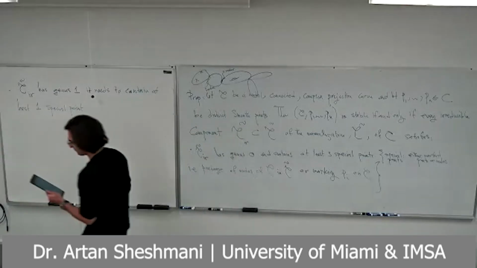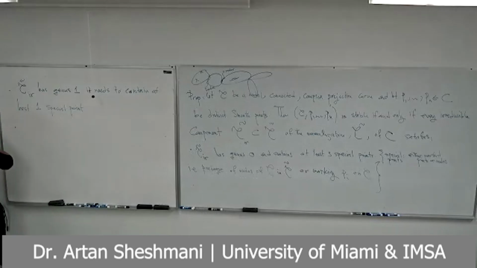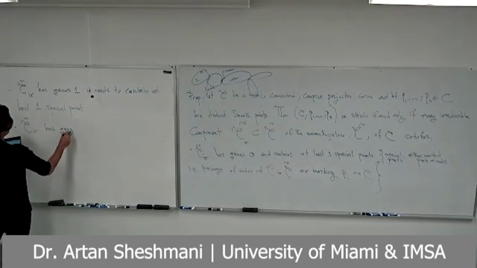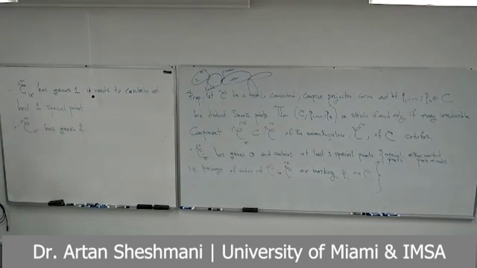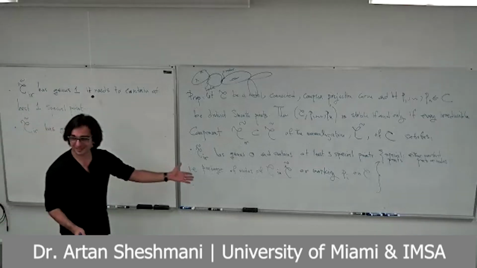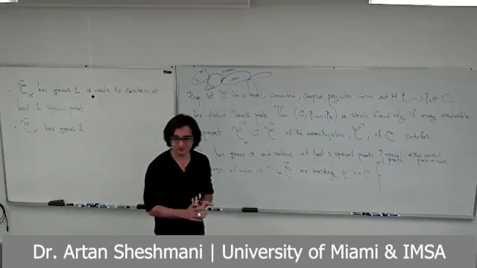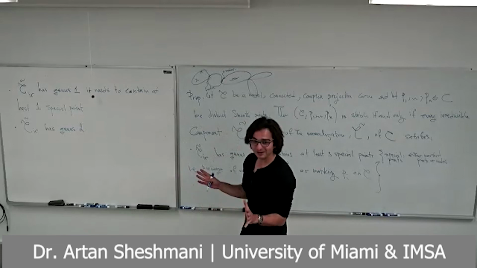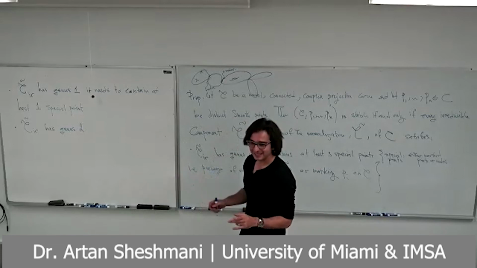Okay. Finally, C irreducible has genus 2. So for genus 2 and higher, we're going to have finite automorphism groups, right? It's a proof. Undergraduate students were lecturing on that. It's an automorphism group whose order is at most 84 times (g minus 1). It's going to have finite automorphisms anyway.